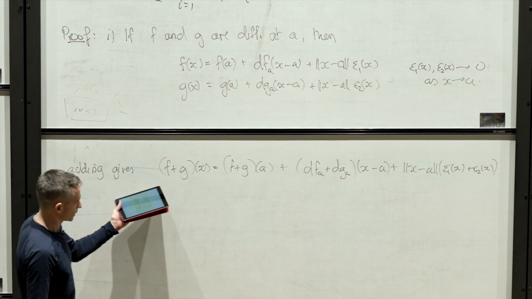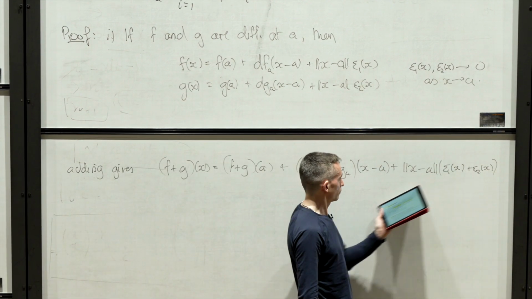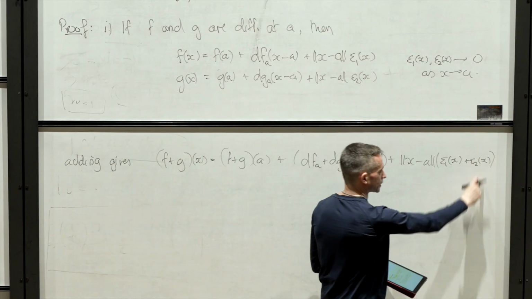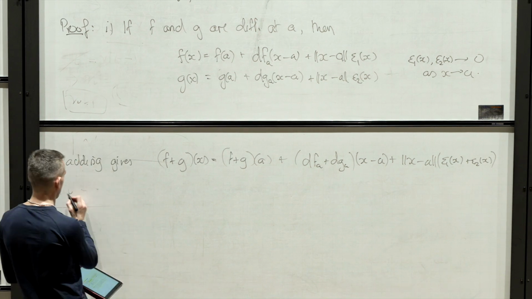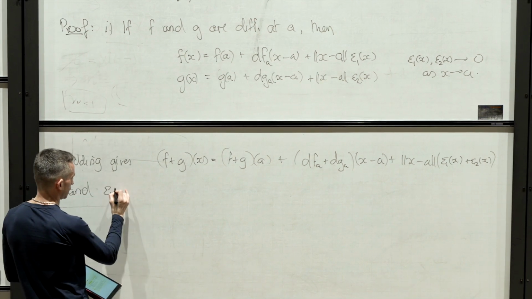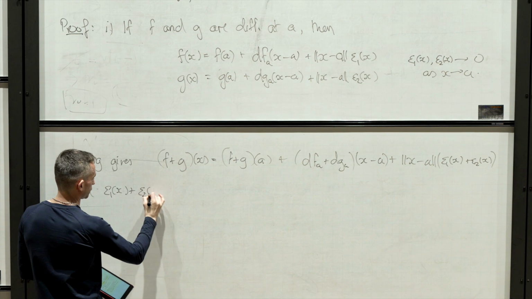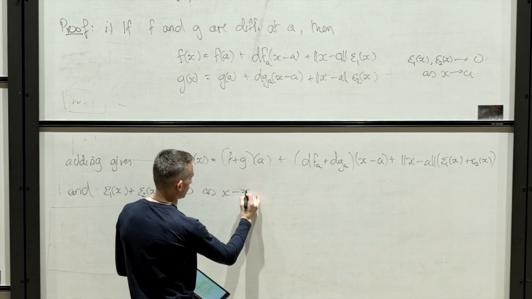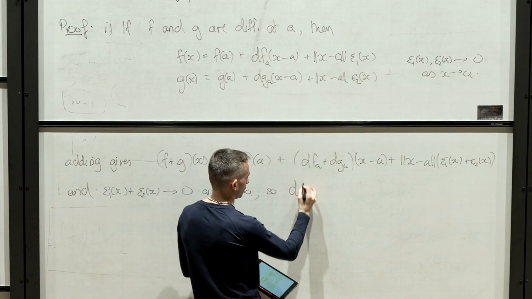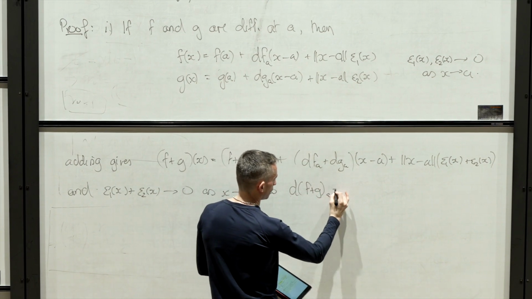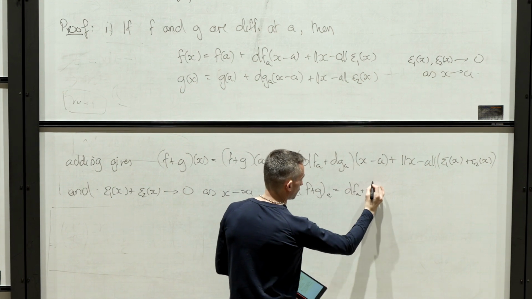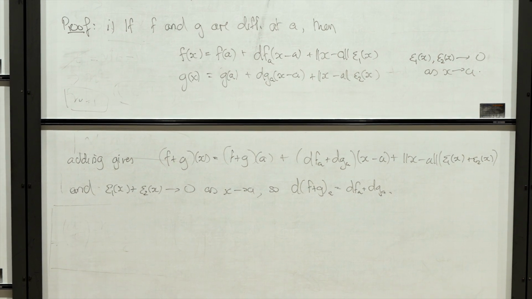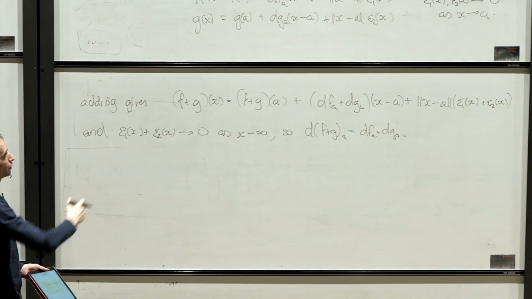Okay, so then this is exactly what we need in order for this to be the derivative of this, provided this thing goes to 0 as x goes to a, but that's just standard algebra of limits. Okay, so that's basically trivial, but it's just the model of what you have to do.